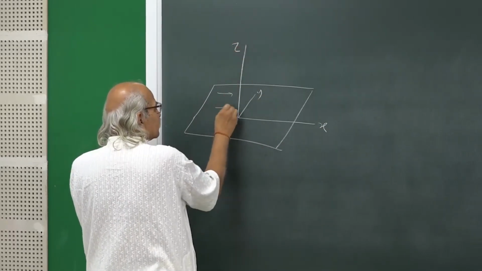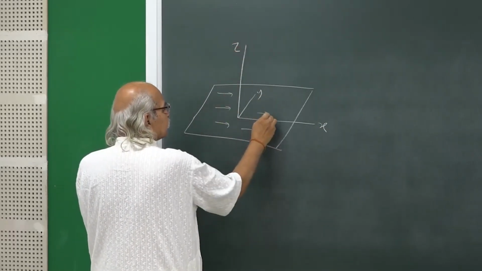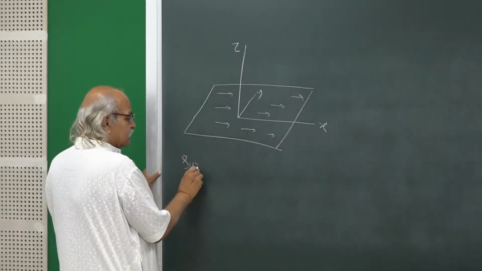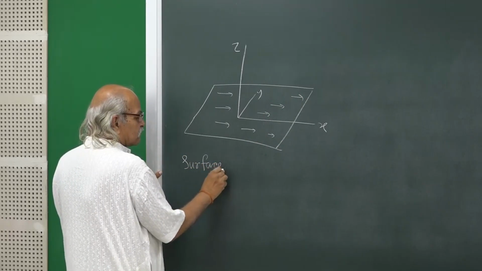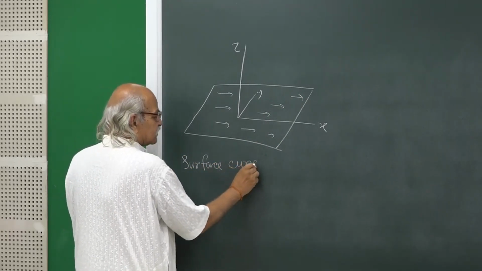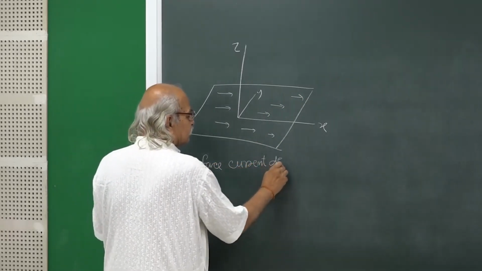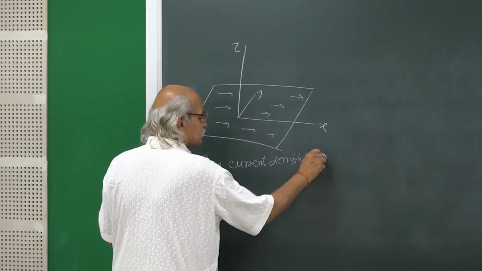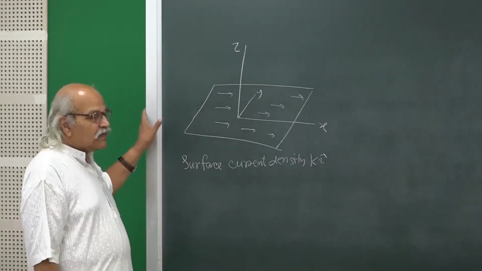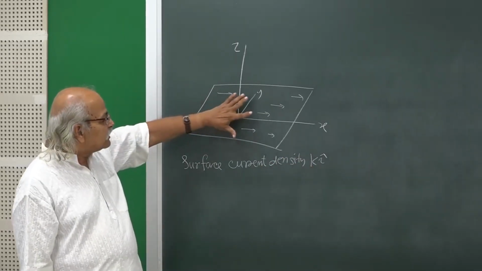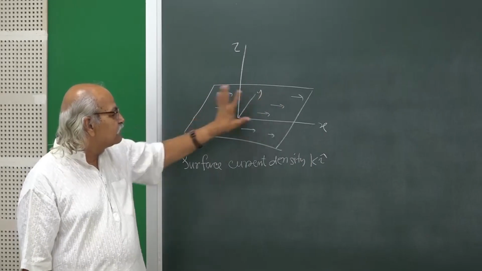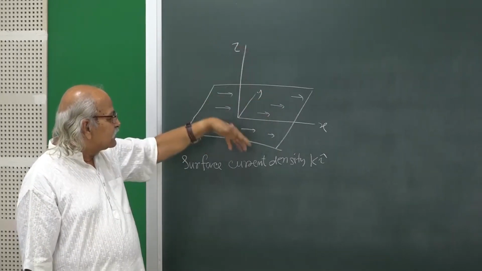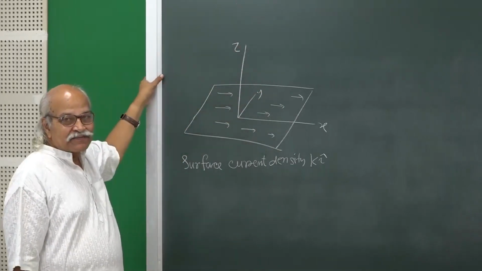On this large plane we have a surface current, and the surface current density is K i cap. We want to know the vector potential because of this current flowing on the surface of this xy plane, in the entire space.